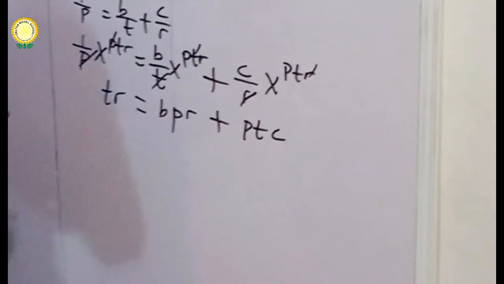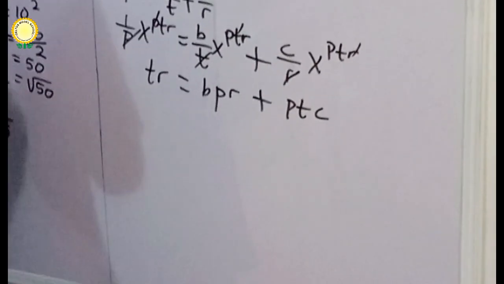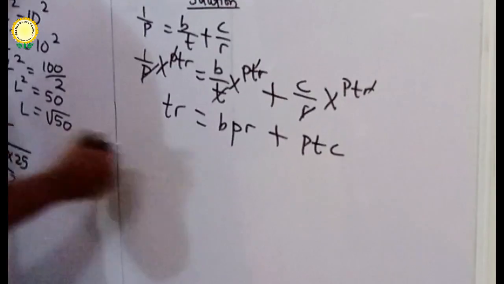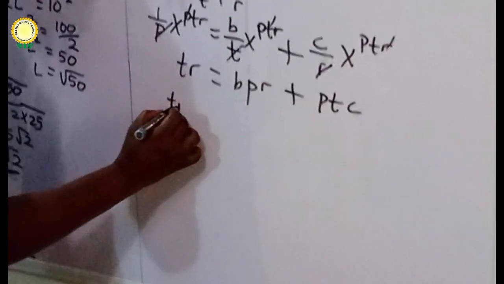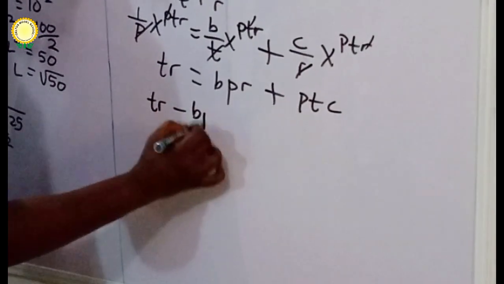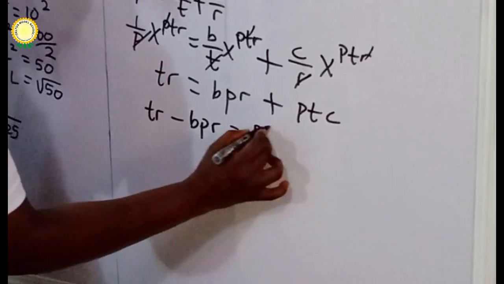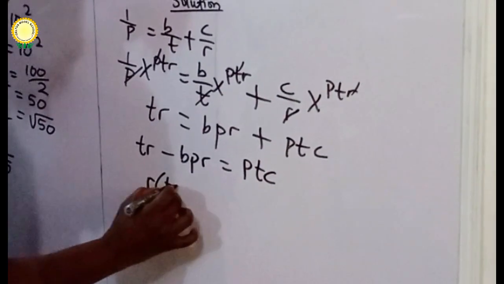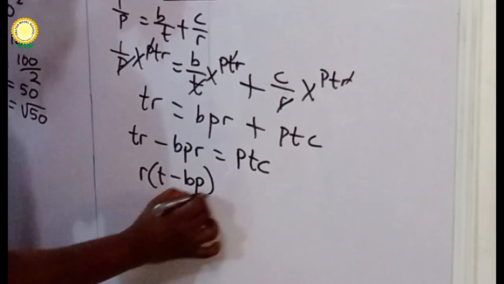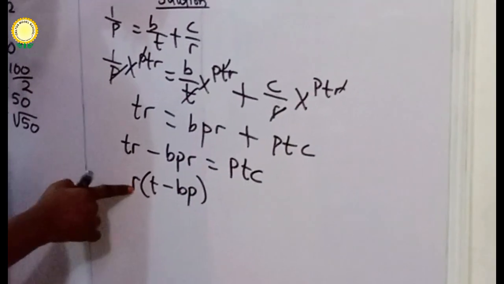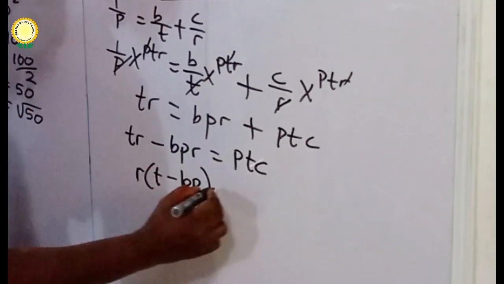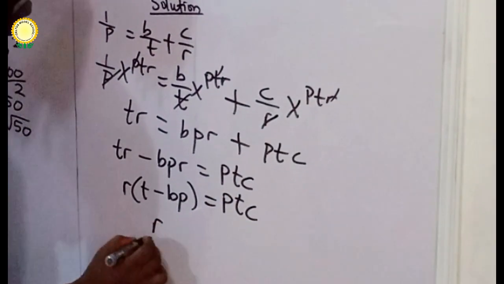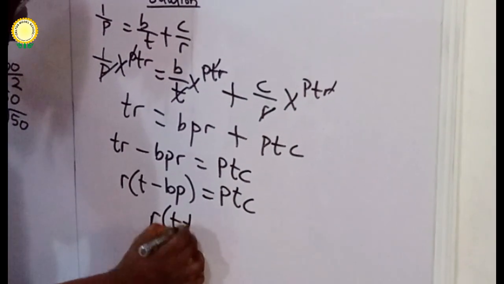All right, what do we do? We bring all the variable we are finding to the left hand side. So we have TR minus BPR equals PTC. R times T minus BP, by factorization. Let's cross check. Bring our R, T minus BP equals PTC. Then R, how do we get R?